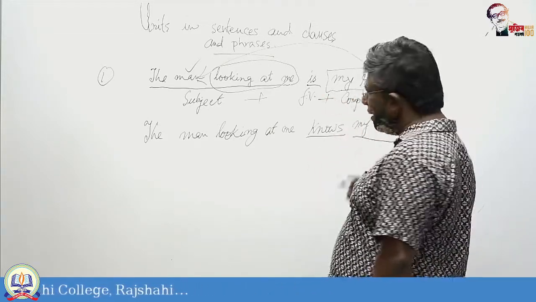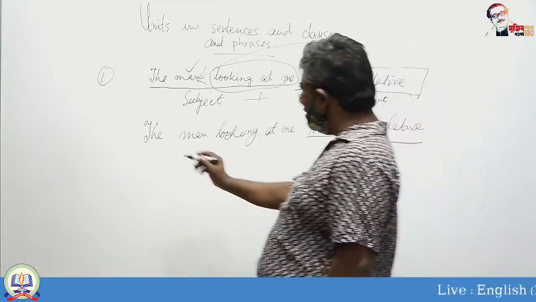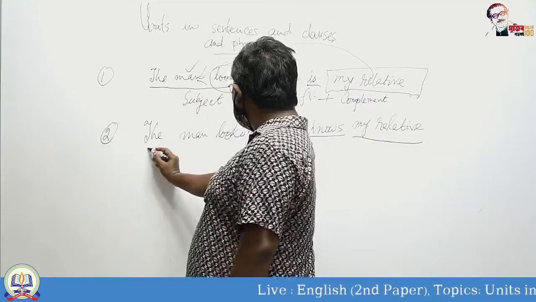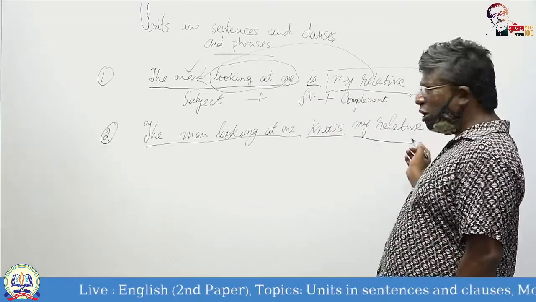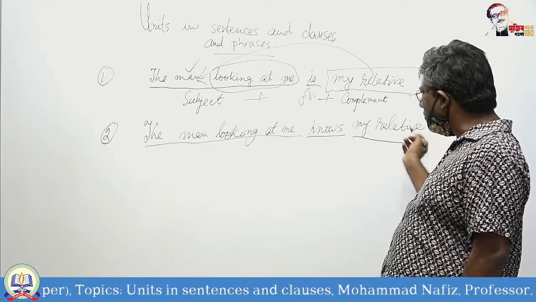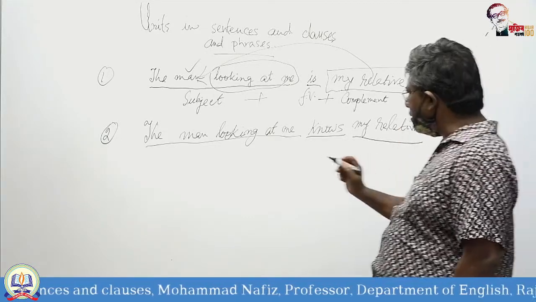The man and my relative is the same noun. But in the second sentence, the subject, the man looking at me, is not the phrase my relative is not referring to the subject, the man looking at me.